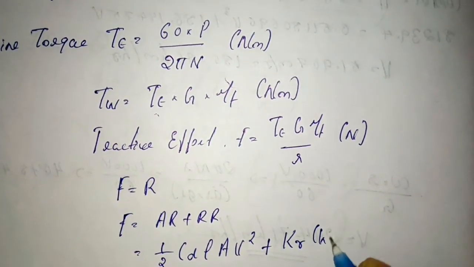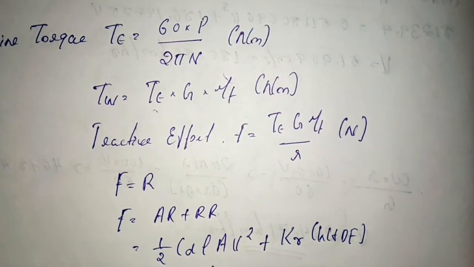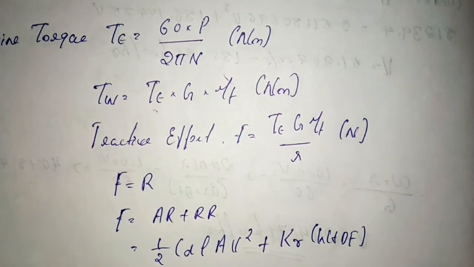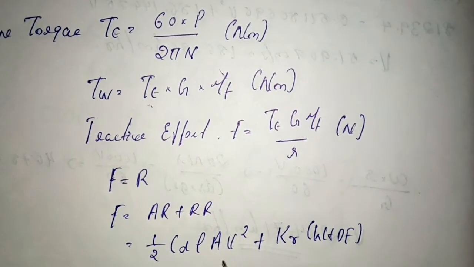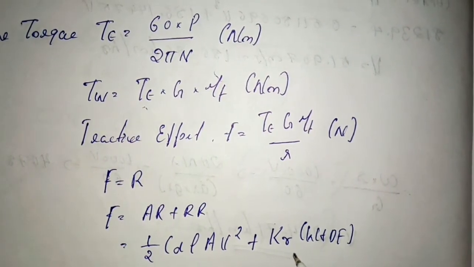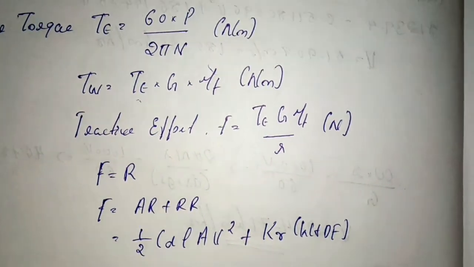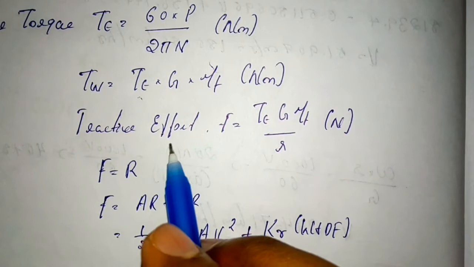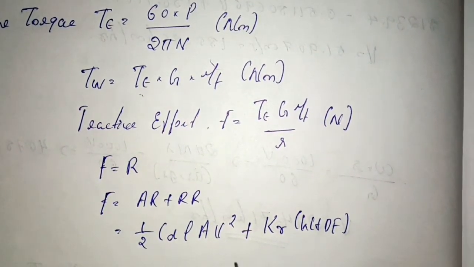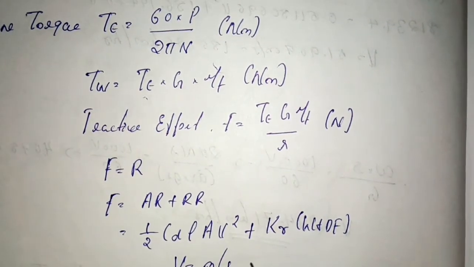CD is the coefficient of drag, rho is the air density, which is kilogram per meter cube, A is the frontal area in meter square, V is in meter per second, f is a constant, and W and df are in newton. So we have already found the tractive effort, so we will get a quadratic equation by substituting all the values. So we can simply find V from here, which we will get in meter per second, and we can convert it into kilometer per hour to find the top speed of the vehicle.